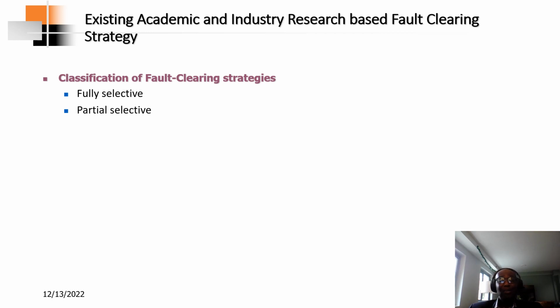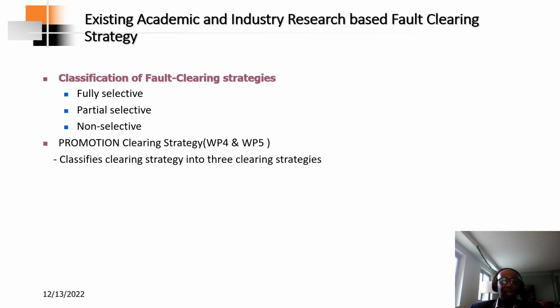This is all based on our industry research, and we have the fully selective fault clearing strategy, then the partial selective fault clearing strategy, then the non-selective fault clearing strategy. And this is all based on the PROMOTioN research, work packages 4 and 5, and this is what they came up with.